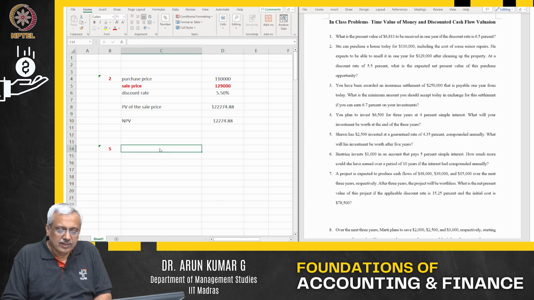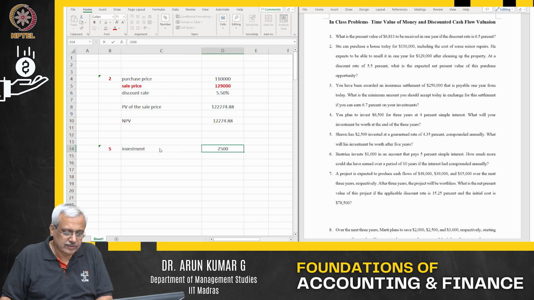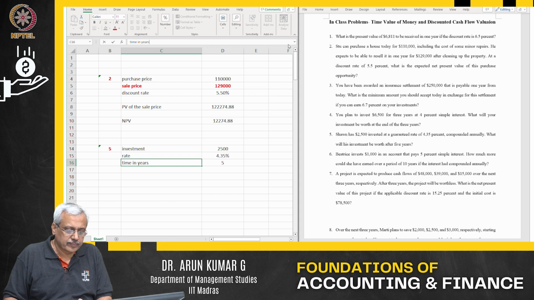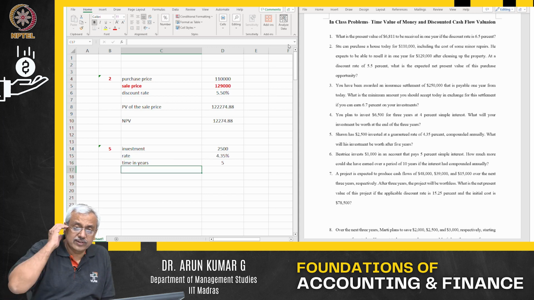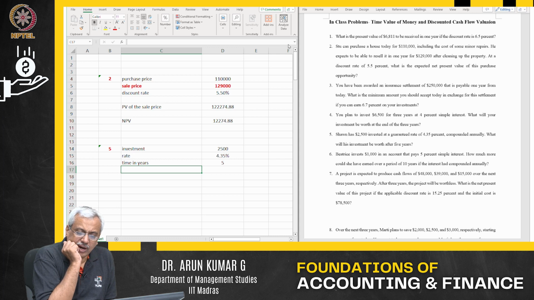That means the investment is 2,500. The rate is 4.35%, compounded annually. The time period is 5 years. What will the investment be worth after 5 years?